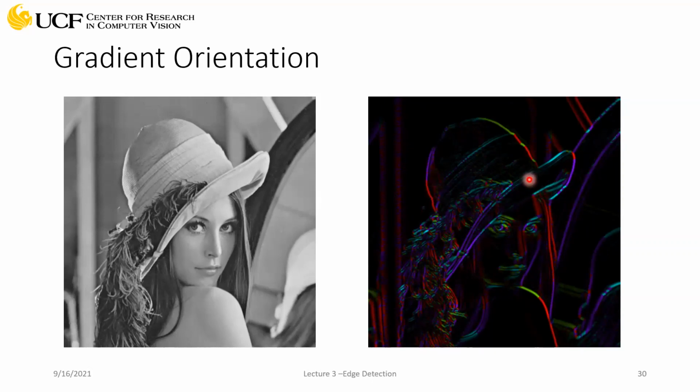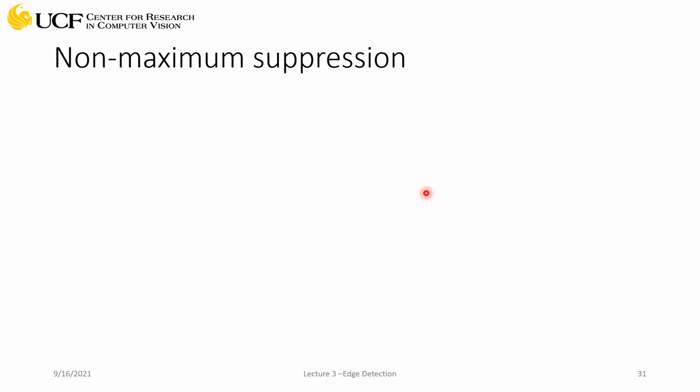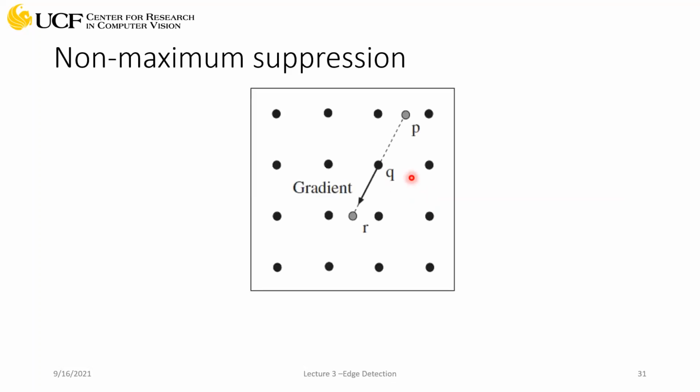Now once you have the orientations for each pixel location, you can use that orientation for non-maximum suppression. Let's try to understand what non-maximum suppression is. This is a very general concept, used very widely in computer vision.